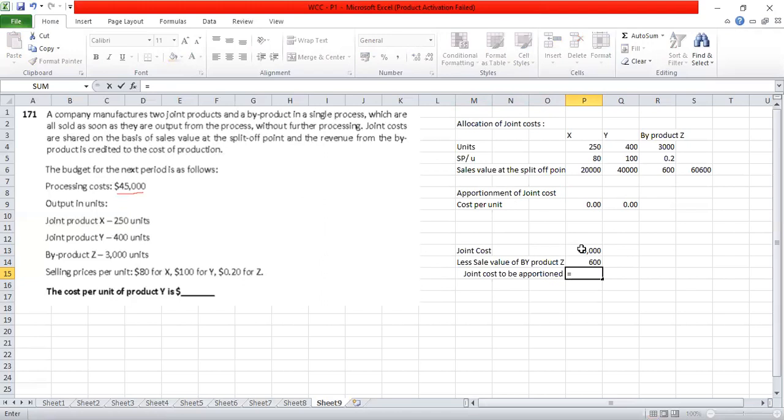So here it would be 45,000 minus 600. After this, the remaining 44,400 has to be apportioned in the ratio of 2 is to 4. That is the logic. The sale value of X and Y is 20,000 and 40,000, so 2 is to 4. So take 44,400 into 2 divided by 6, and then 44,400 into 4 divided by 6.